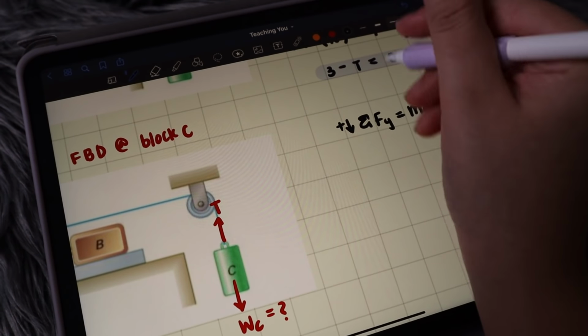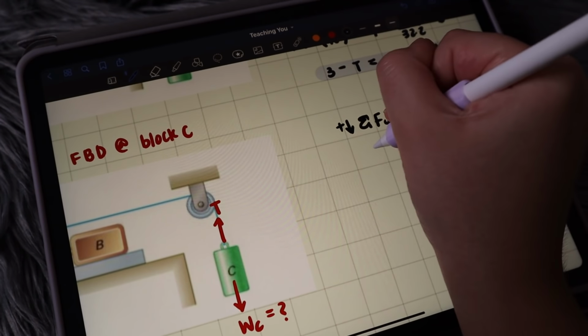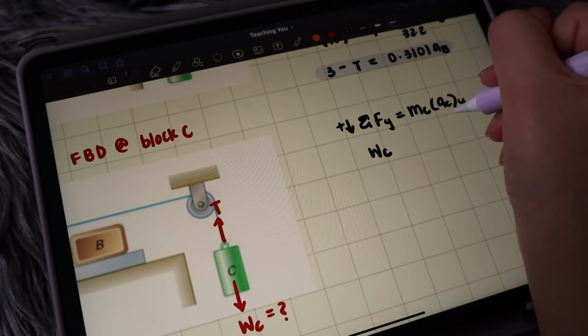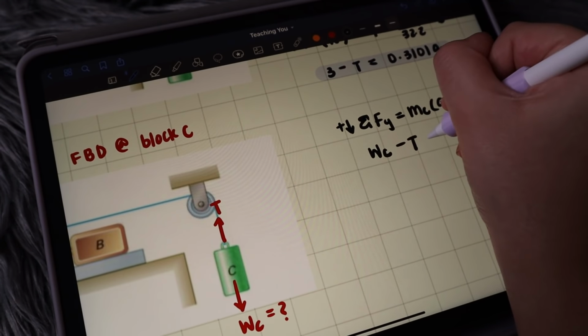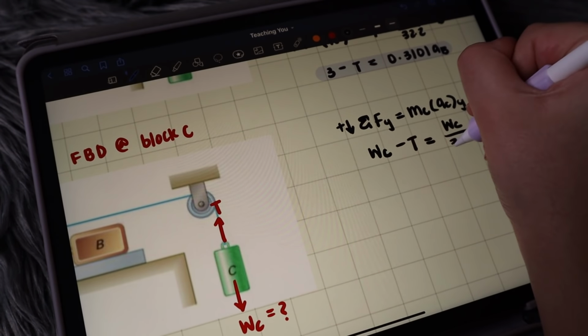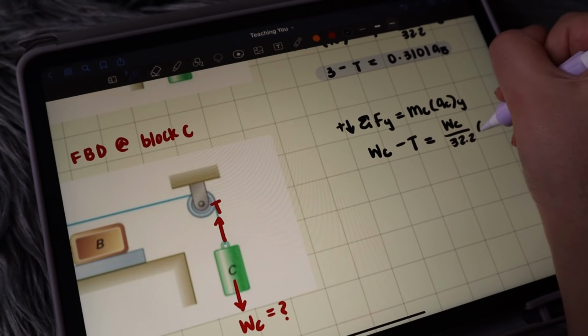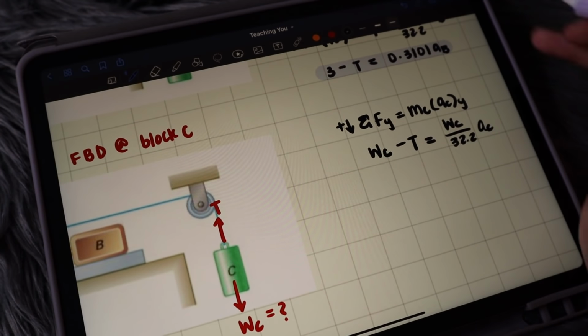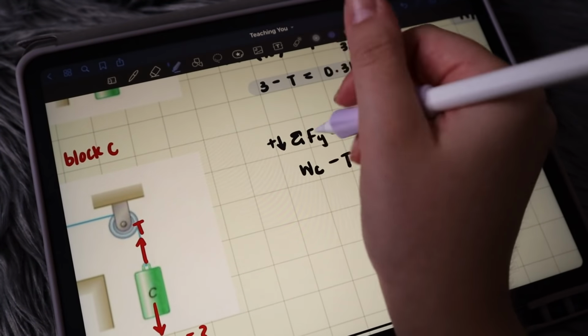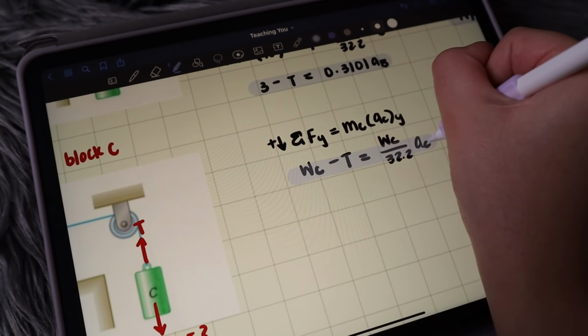Alright, so we have a negative tension and a positive weight, so weight C minus tension equals weight C over 32.2 times AC. And again, that's pretty much the farthest we can take it.